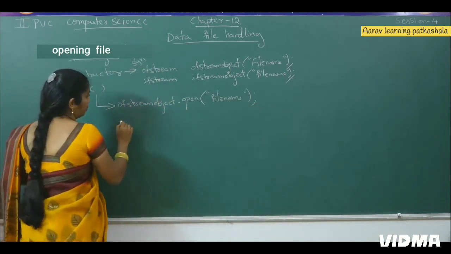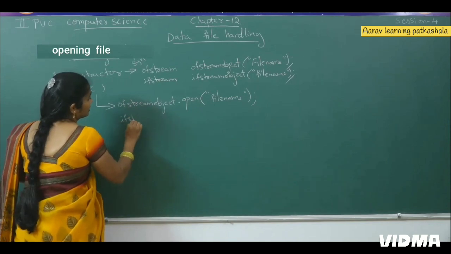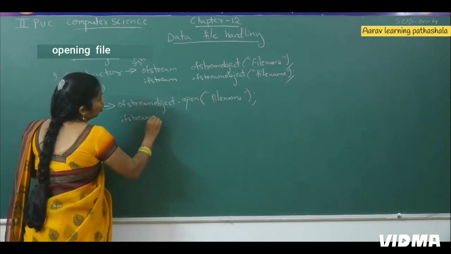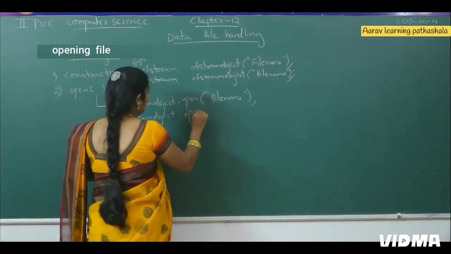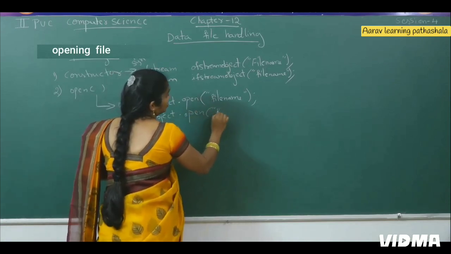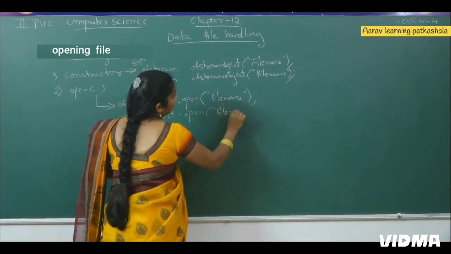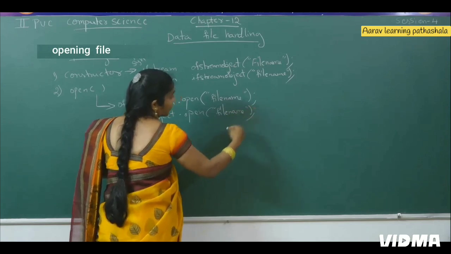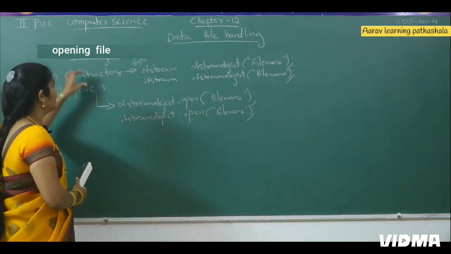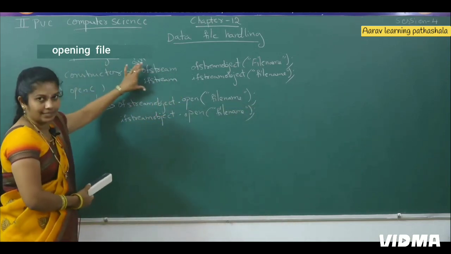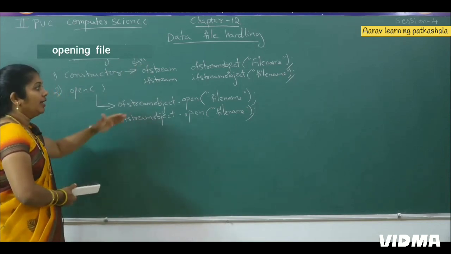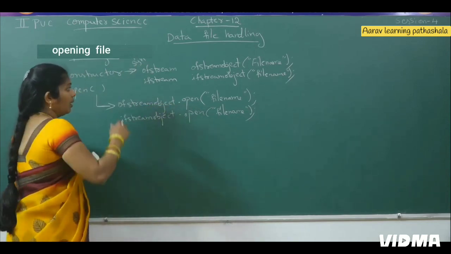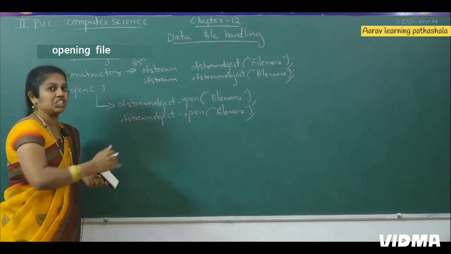If I want to open a file for input purpose, then the ifstream object dot open, and inside the brackets you have to write the file name. Here we are opening the file by using the constructor method and here by using the open function method. In the file name, whatever file you want, you have to mention it with its extension.